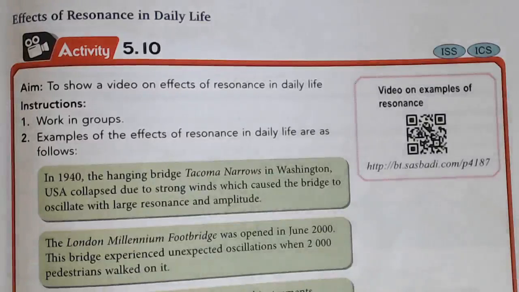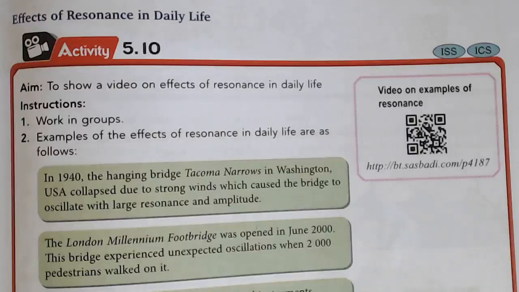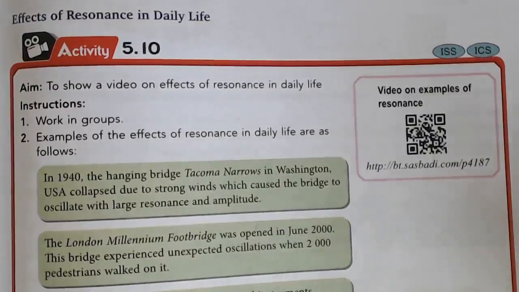Is the air, sorry, the wind. The moving of air is what we call the wind. The natural frequency of the wind that blows the bridge is the same as the natural frequency of the bridge itself.